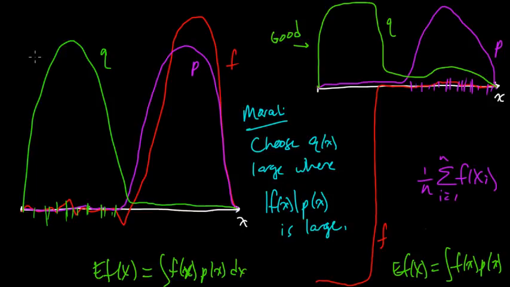So that one was good. This one is bad. And one problem with this is that not only is it bad, but you might not know that it's bad. It might be very difficult to assess how good the quality of your estimator is, because you're getting all these samples over here.